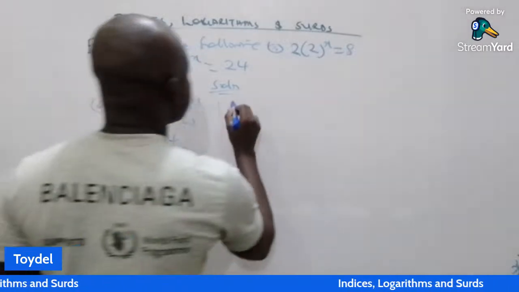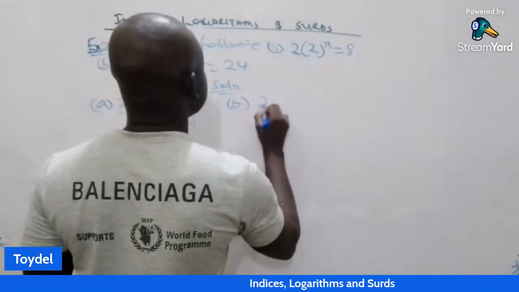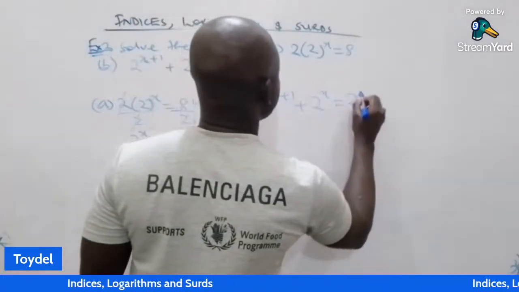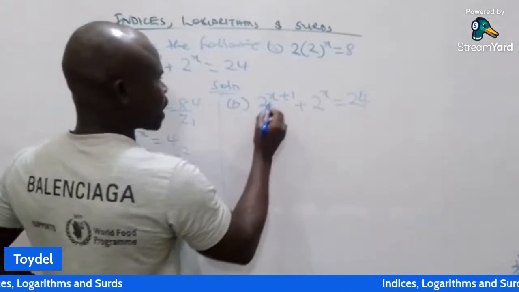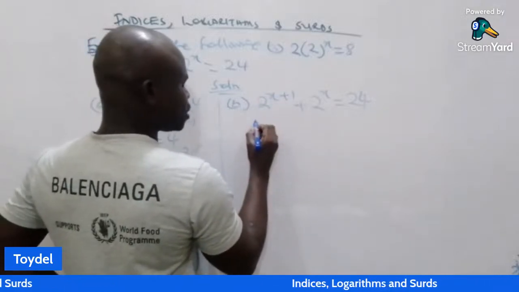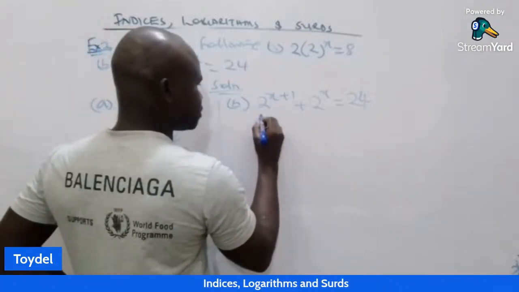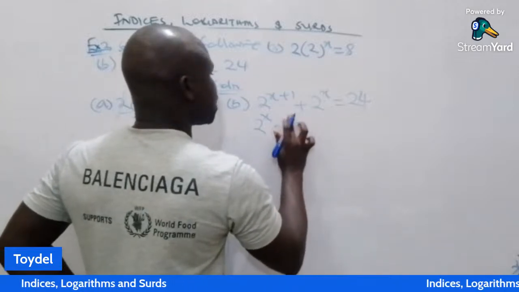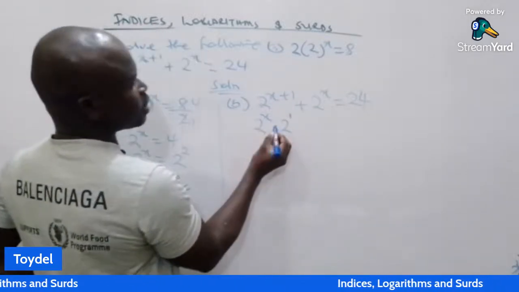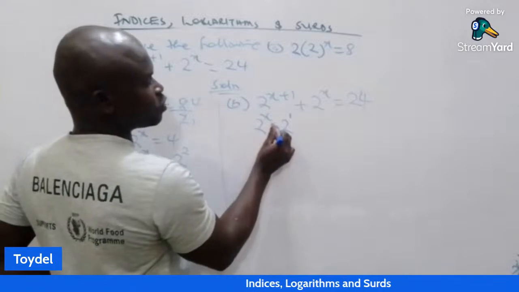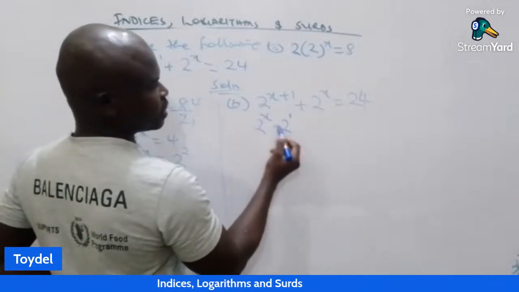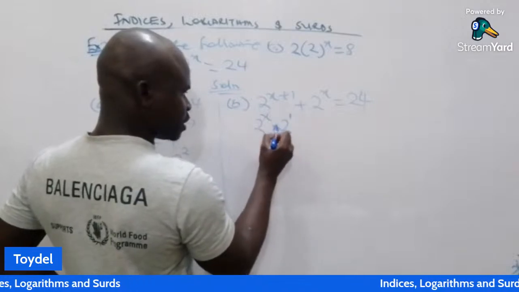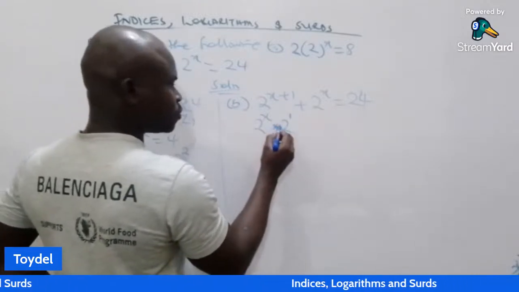Okay? So let's go to the second one, b, where we have 2 raised to the power x plus 1, plus 2 raised to the power x, equal to 24. In this case, I can split this with my knowledge of the laws of indices. I can say this is 2 raised to the power x multiplied by 2 raised to the power 1, because the multiplication of like bases means you add the powers, and if it's division, you subtract.